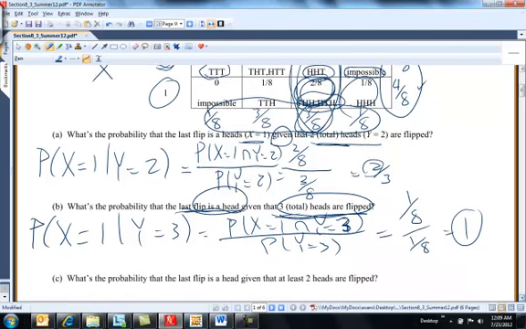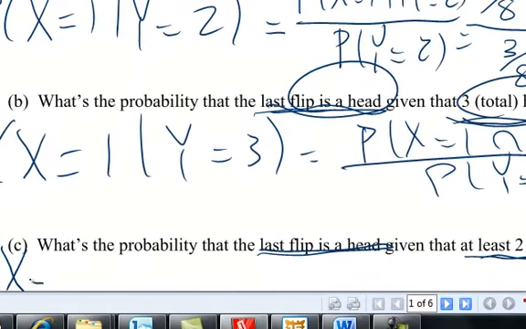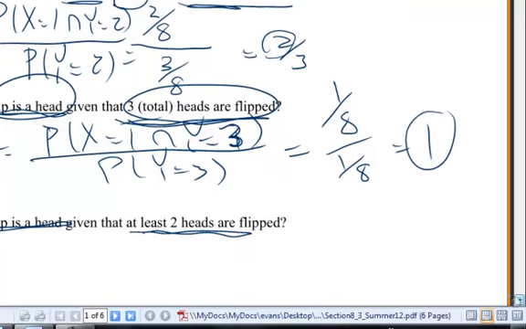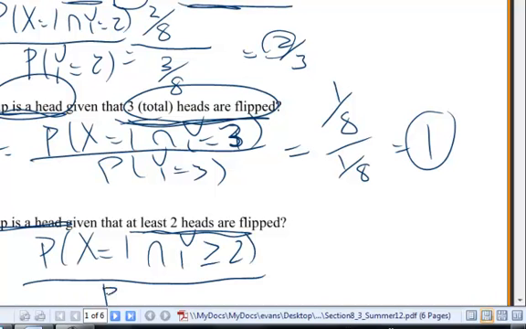Let's go a little bit further. What's the probability that the last flip is a head given that at least 2 heads have been flipped? So what's the probability that the last flip is a head given, in this case, y is bigger than or equal to 2? So again, that's just the intersection: the probability that x is equal to 1 and y is greater than or equal to 2, all divided by the probability y is greater than or equal to 2.